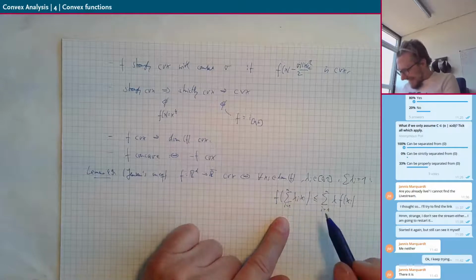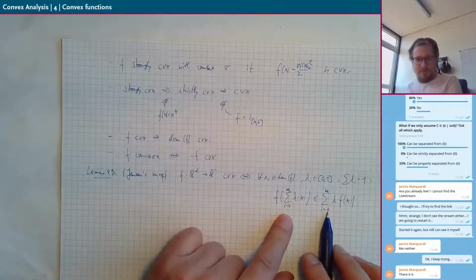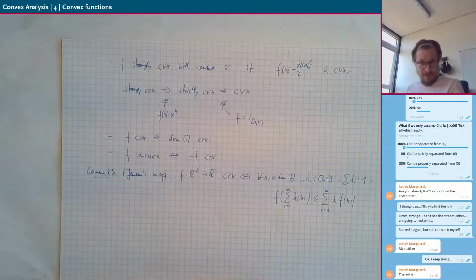So for n equals 2, this is just the definition of convexity.